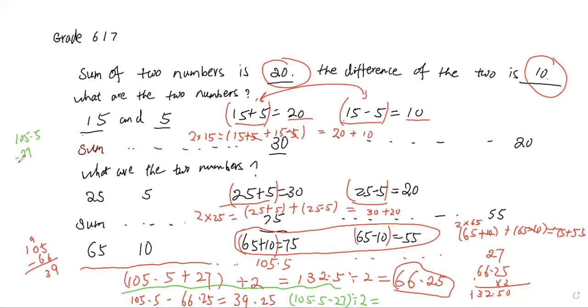It's 78.5. Divided by 2, equal to 39.25, which matches. I hope this can be helpful for you.